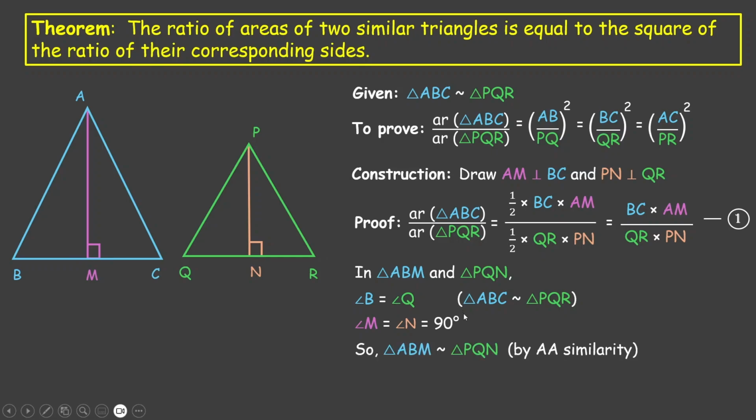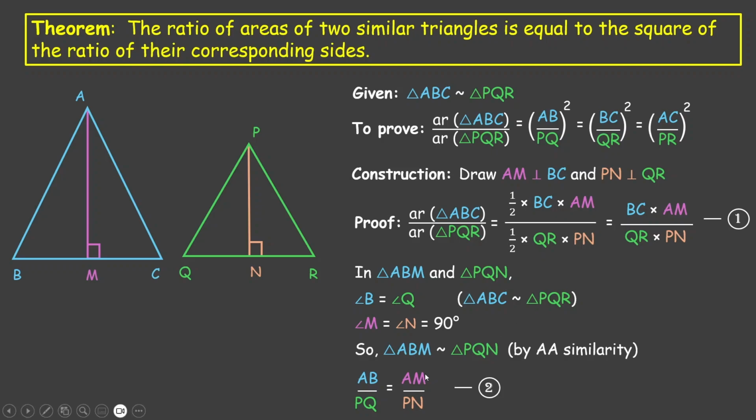So these two triangles are similar by AA similarity. Now, we know that if two triangles are similar, the ratio of their corresponding sides is equal. So AB upon PQ will be equal to AM upon PN, right? And let us call this equation 2.